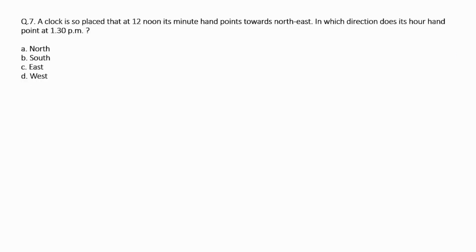Next question. A clock is so placed that, let us first draw the clock. This is the clock. This is 12, this is 3, this is 6, this is 9.